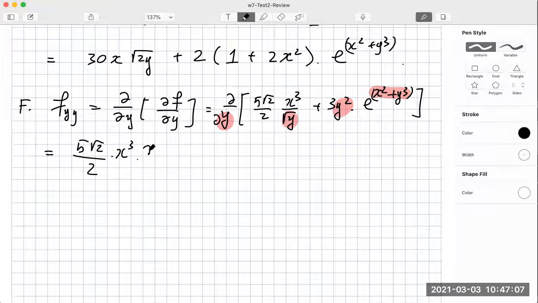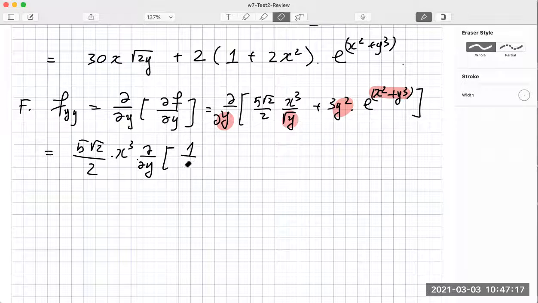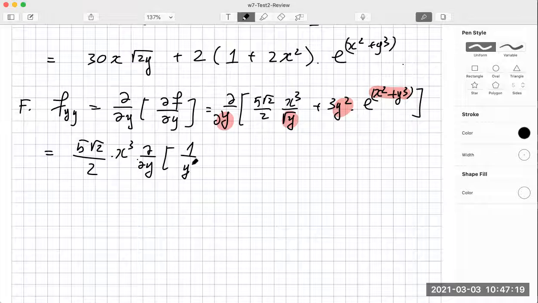Okay, partial derivative with respect to y of 1 over square root of y, or we can write it as y to the 1/2, right? And then y to the 1/2 in the denominator we can bring up to the numerator.